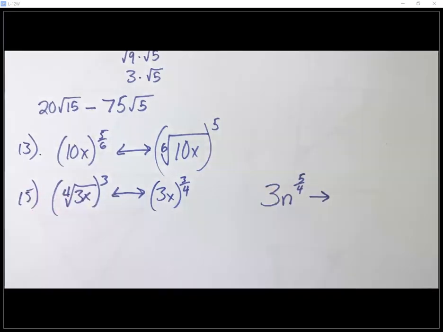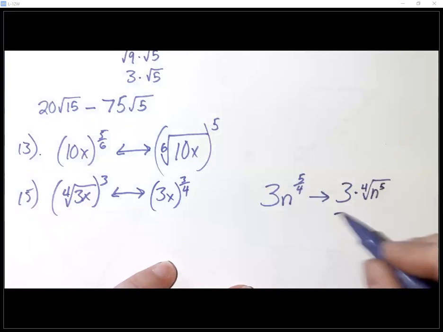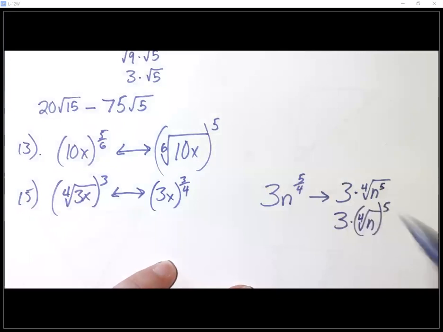So this would look like 3 times the 4th root of n to the 5th. You could put the exponent right there, or you could have the exponent on the outside. But the 3 has nothing to do with it. The 3 is not being raised to that power, so it shouldn't be raised to a root either.